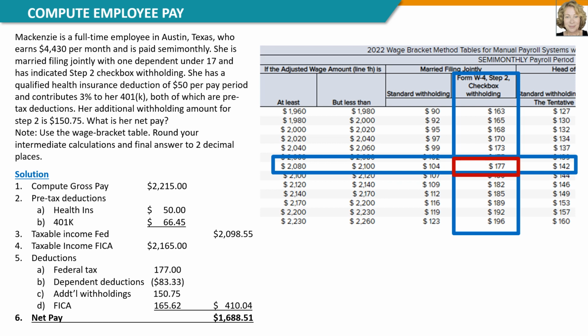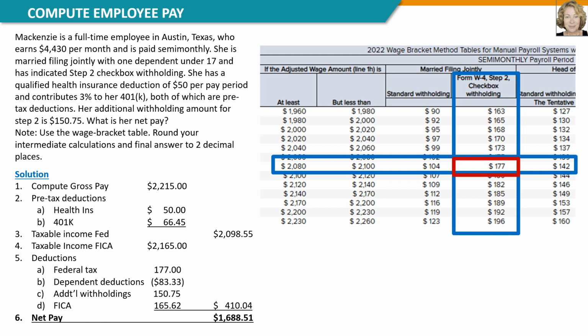Well, that's the taxable earnings amount. In the problem, we were told Mackenzie is married filing jointly, so we need to look in those columns in the tax tables, and we were told that the checkbox in Step 2C was checked. That tells us that we need the second column withholding amount, which is $177.